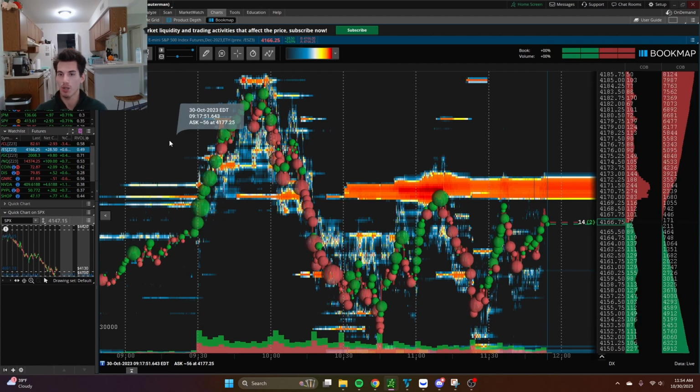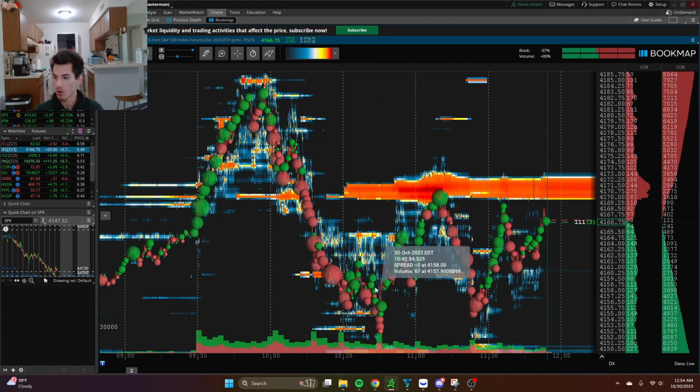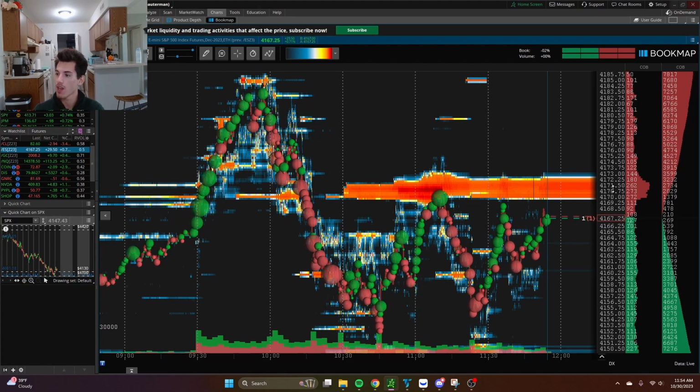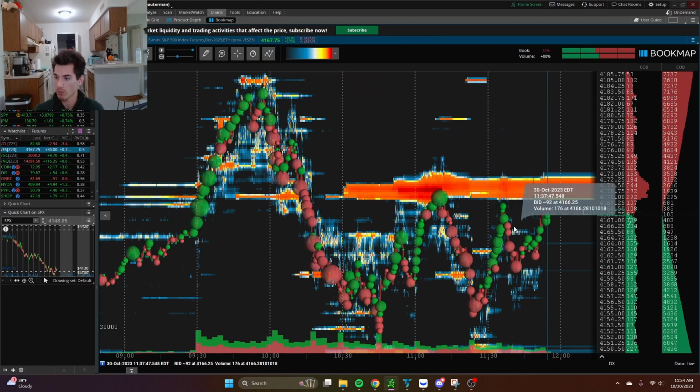You don't even really need Bookmap at all, but it definitely is a nice key tool to see where a majority of the limit orders are happening and being placed in the market. And you can just see areas of liquidity, right? These big orange little blobs.